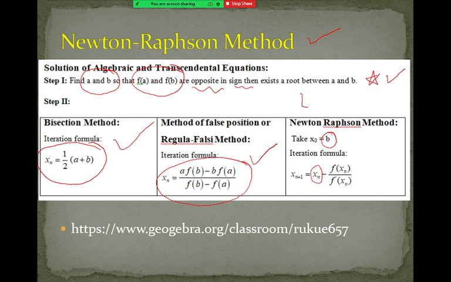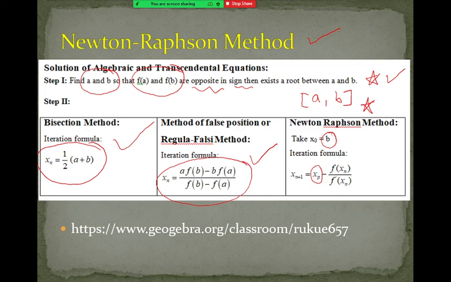Suppose the root exists in the interval (a, b). I am not saying that you cannot get the root with a. Yes, you can get the root with a also. If you take x0 equal to a, you can also get the root, but probably you may face more iterations. So remember, every time we fix x_n equal to b only.